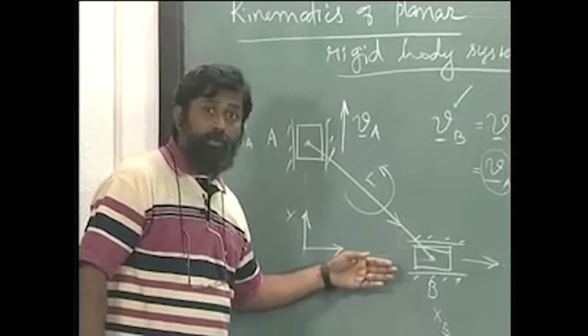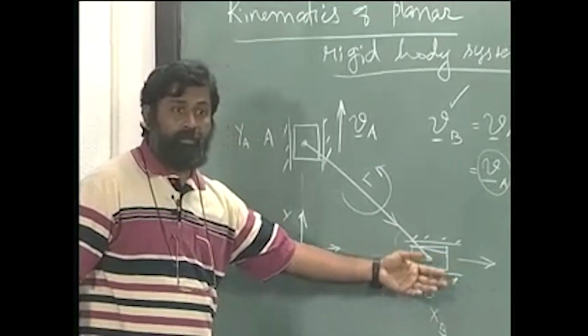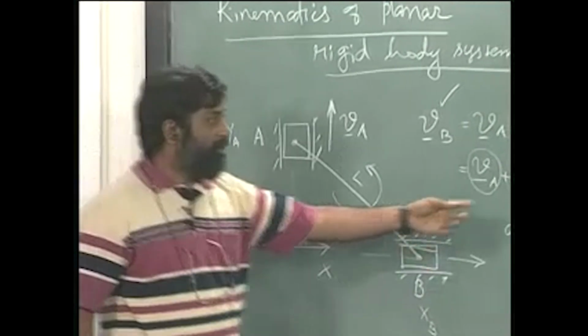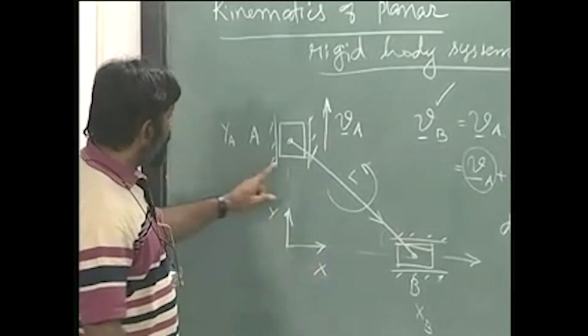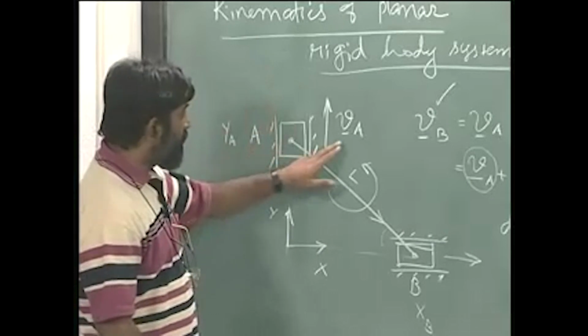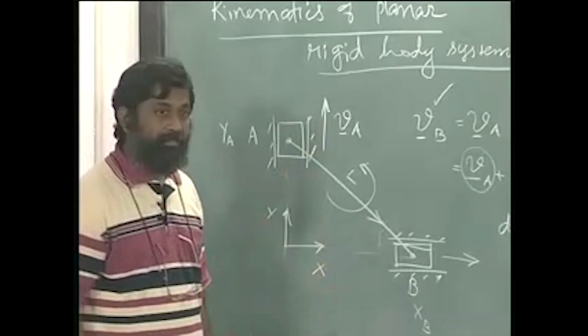Now I am just going to assume this direction. If I get a value that is negative for Vb, then it will be in the other direction. Whereas for this I know the direction given, Va is some quantity that is given to me.